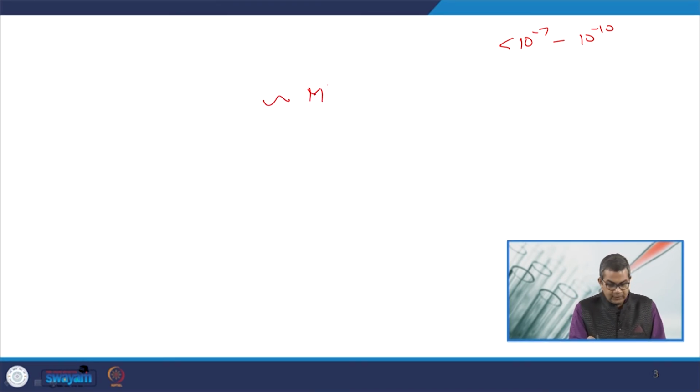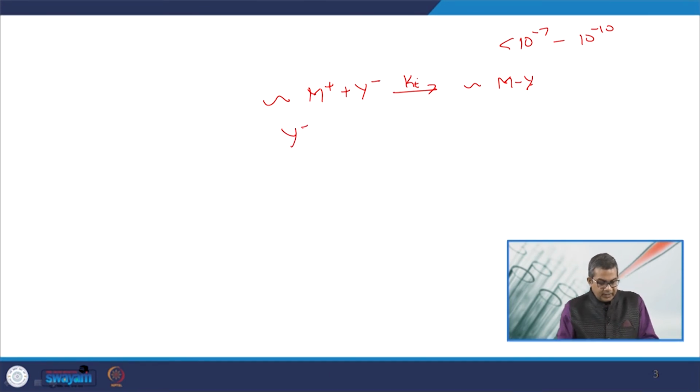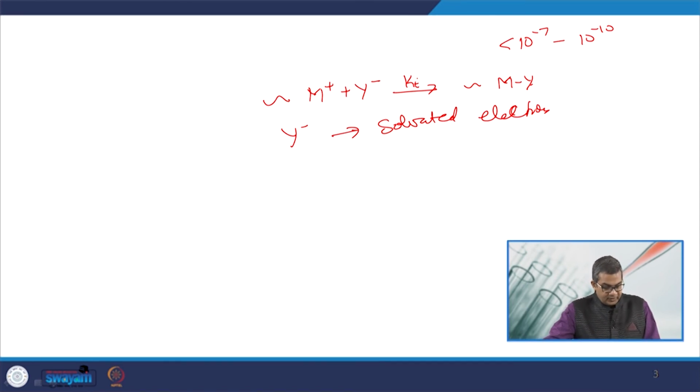This is represented as Yi, that is the negative fragment, and Kt, this is M Y. Now this negatively charged Y is either the solvated electron, the displaced electrons formed during the radiolytic reaction, or the product of an electron having reacted with some compound in the reaction mass.